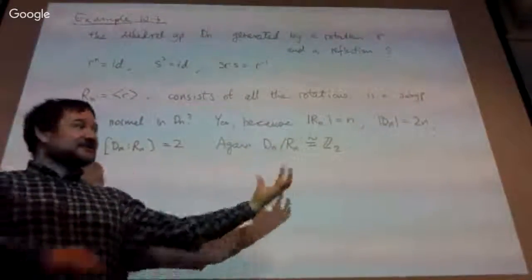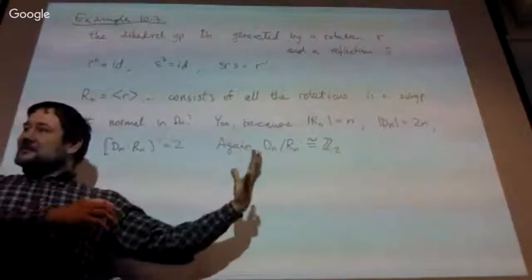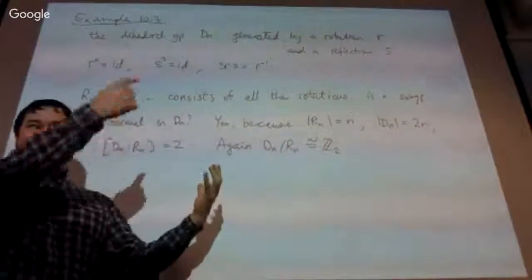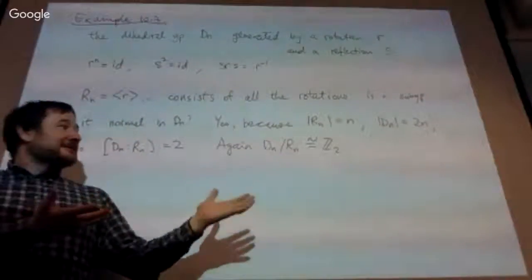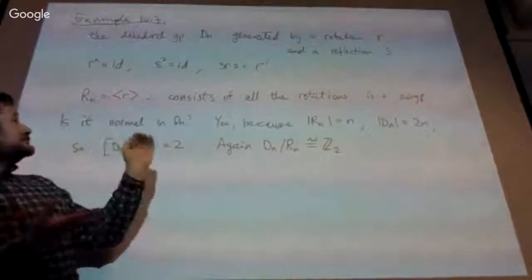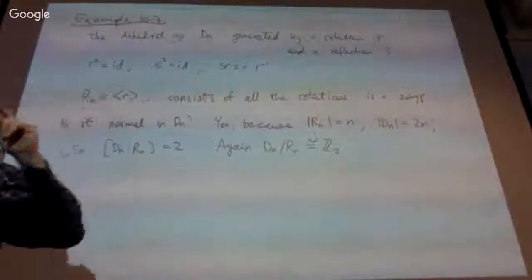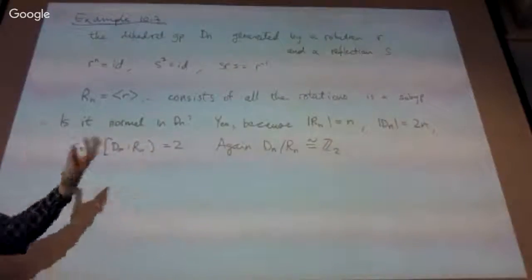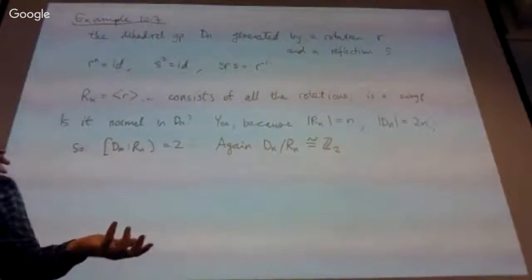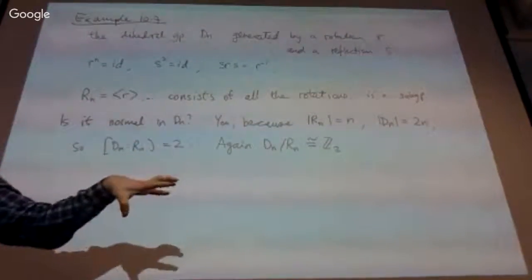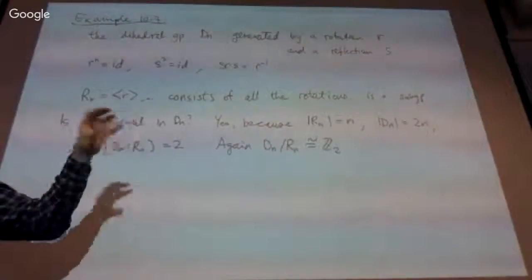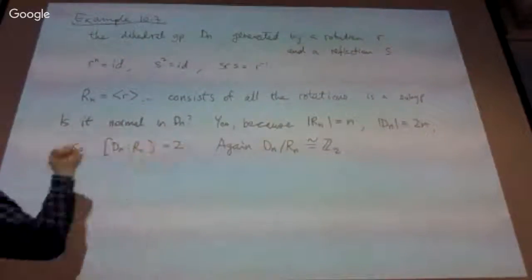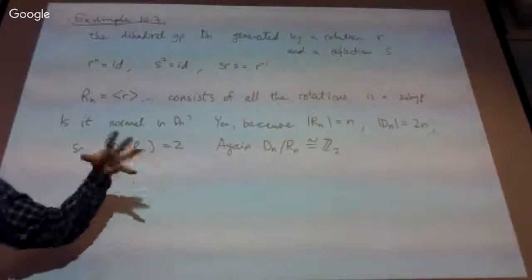All the rotations where the numbering still goes clockwise are in the rotations subgroup, and all the symmetries where the numbering goes counterclockwise are in the other coset. And if you do two of the latter, you get one of the former.